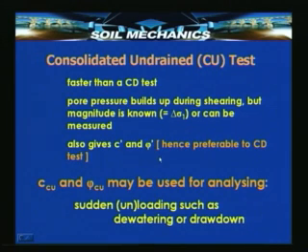This can give C dash and phi dash because we know what will be the magnitude of the pore pressure. We do not have to really measure it, though we do measure in a typical test for validation, but we know that the pore pressure is equal to the applied vertical stress, and therefore C dash and phi dash can be easily calculated, and CCU and phi CU of course can be calculated from the total stress readings which are directly obtained from the test.